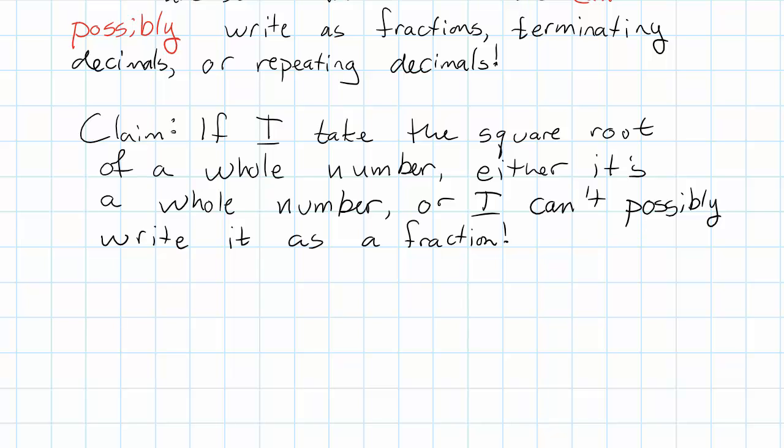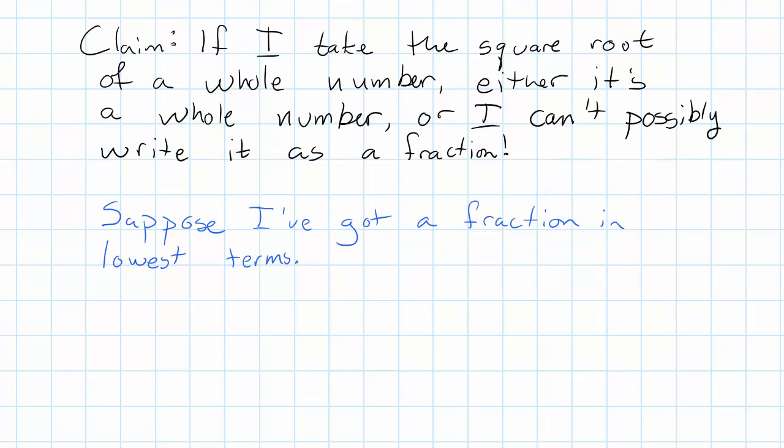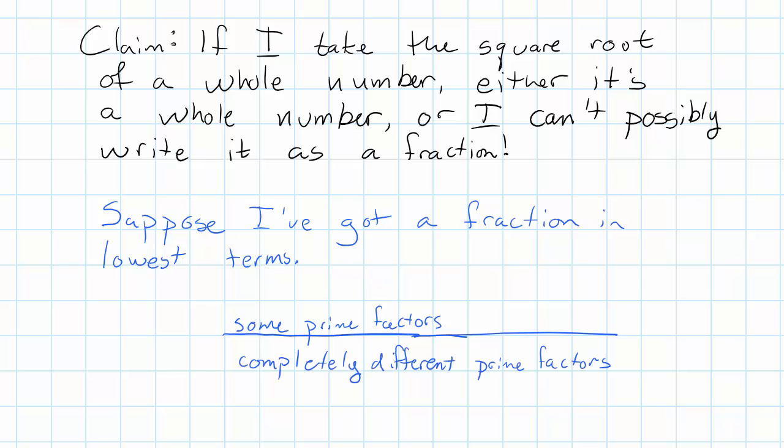Well, okay, let's say that I have some fraction and it's in lowest terms. So it looks like a numerator with some prime factors over a denominator with completely different prime factors. And this thing is in lowest terms. There's nothing in common.